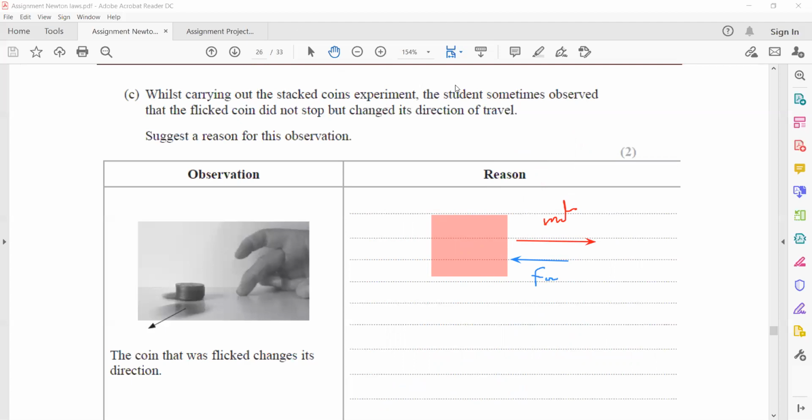But if you have another box with this as its direction of motion, and you apply a force from the bottom upward, your force is making a certain angle to the direction of the motion. What did it cause? It caused the object to change direction.